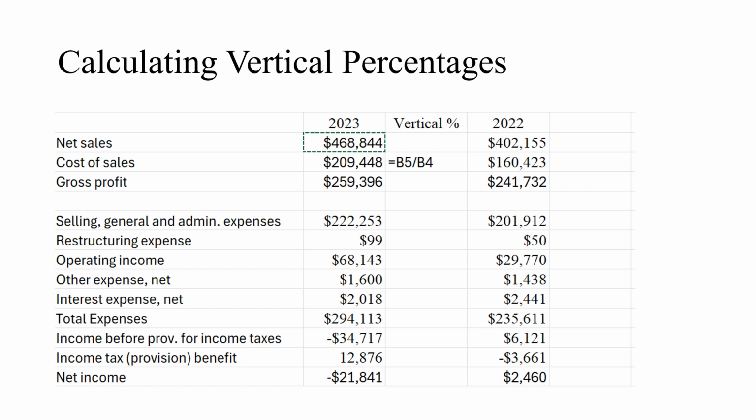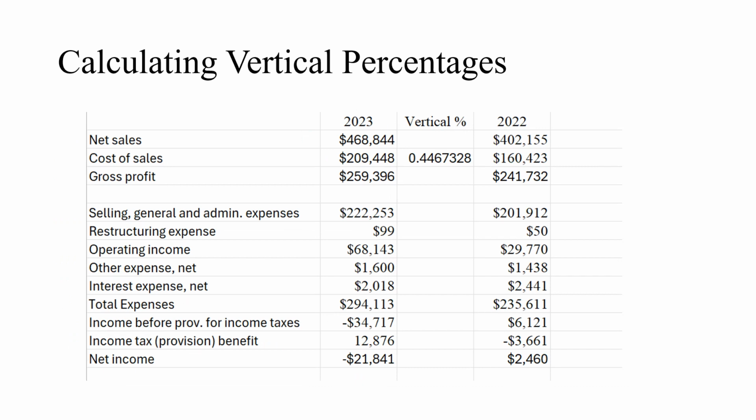In this case, we want the percentage that 209,448 is of 468,844. So we put in 209,448 divided by the number we wanted to find out the percentage of, which is 468,844. We simply do this and then hit enter.